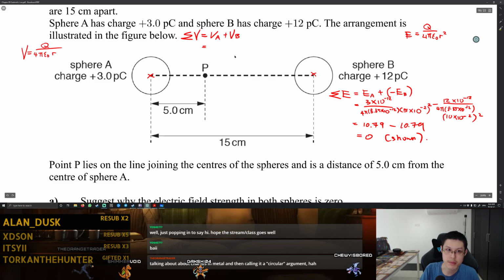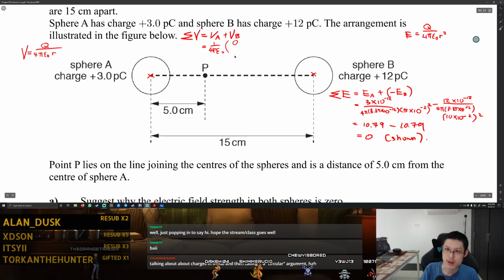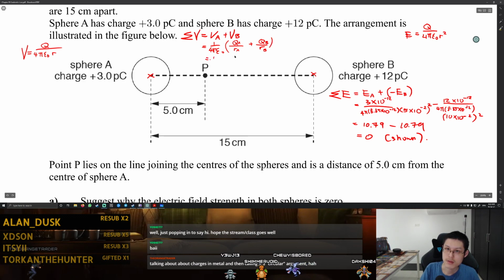Okay, so just add them up. I can actually factorize 1 over 4 pi epsilon. So we have Q over R plus Q over R. So this one is for A, this one is for B. So we have 3 picocoulombs.